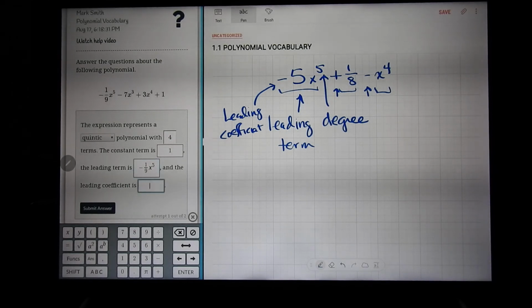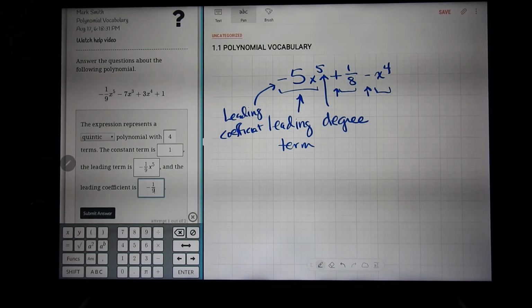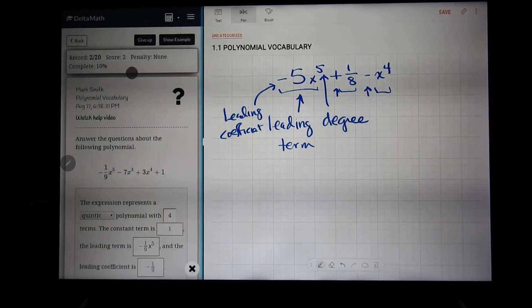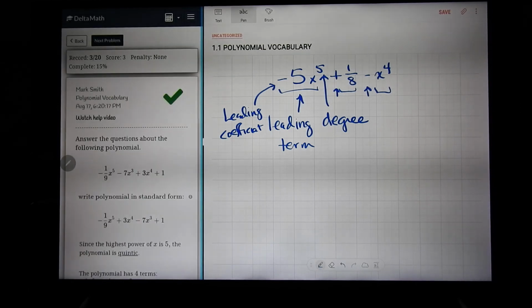And the leading coefficient is this number out in front, 1 divided by 9. All right, so submit that answer. And is that what we want? Yeah, I think it is. All right, so we say yes.